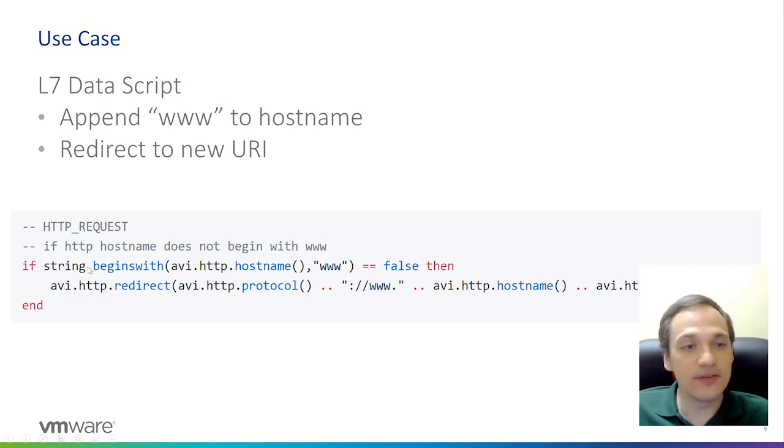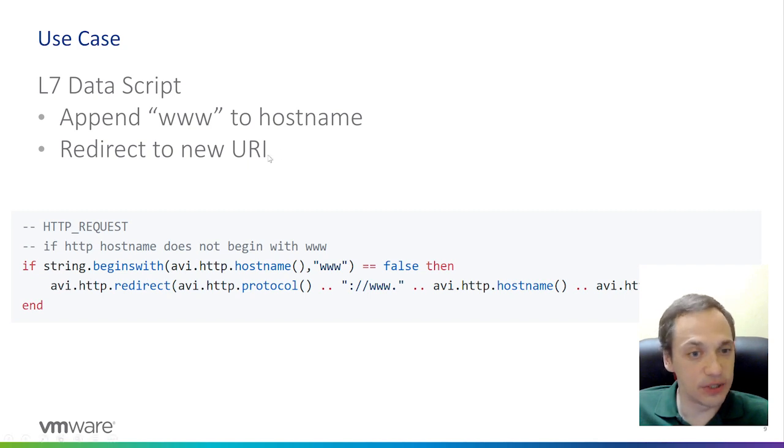So if the client hostname doesn't begin with www, then we will run a redirect, and we'll redirect the client to a URI, and the URI is function AVI HTTP protocol, which will return HTTP or HTTPS, then www, then the original hostname and the original URI. So that's what it is.